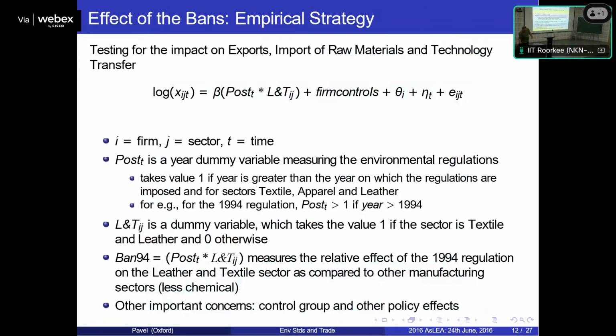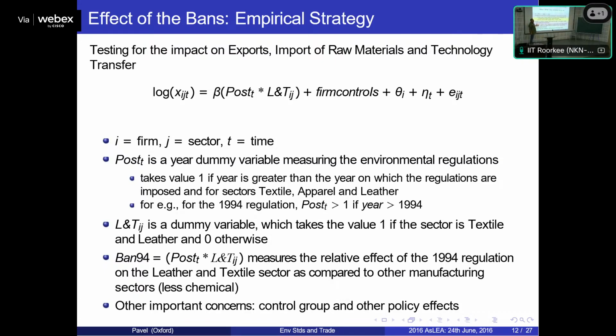This is a simple DID, very simple DID. On the left-hand side, you have the log of X, which basically measures exports, input of raw materials, tech transfer, everything else. The data varies by firm, sector, and time. You have a simple time dummy interacted with the dummy for whether firm i belongs to sector j, which is leather and textile.